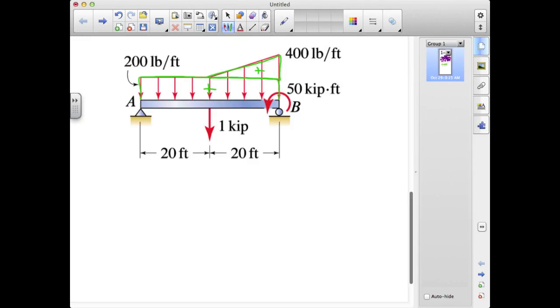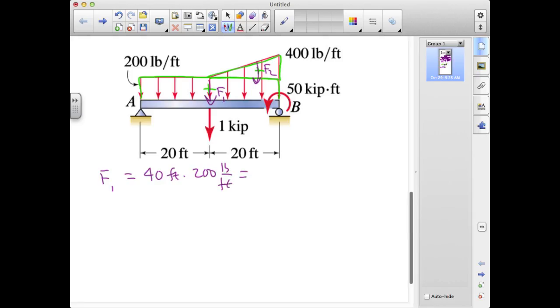And so we will sketch the free body diagram now, just replacing those distributed loads by their equivalent discrete loads at their effective center. I'll call this load F1 and this load F2. Let's calculate those first. F1 is 40 feet times 200 pounds per foot.